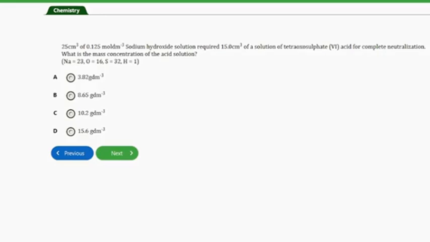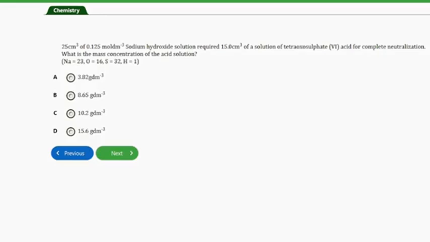It says 25 cm cube of 0.125 moles per dm cube sodium hydroxide solution required 15.0 cm cube of a solution of tetroxosulfate 6 acid for complete neutralization.